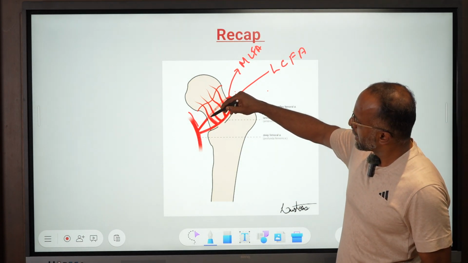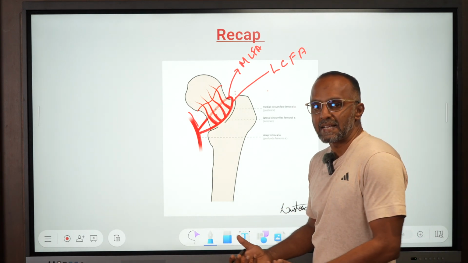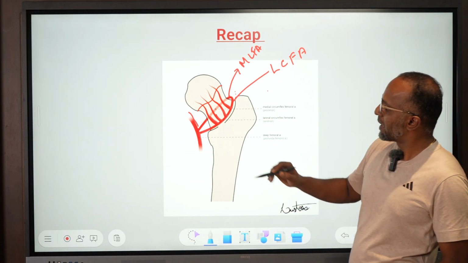And from that ring, multiple ascending cervical arteries arise, because they ascend upwards on the neck, so they are called ascending cervical arteries.